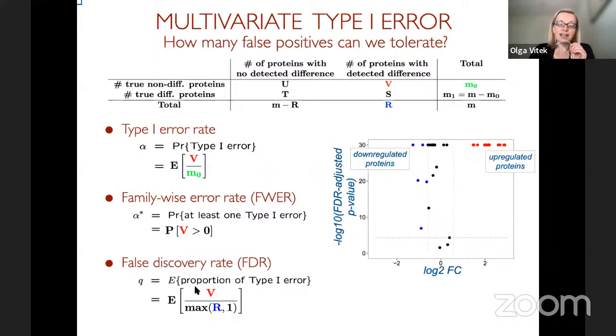Now we're saying, okay, fine, we will have some false positives, but we want to control the proportion of these false positives in the list that we claim as differentially abundant. And so this is a different criterion, and the method that MSstats is using is called Benjamini and Hochberg.